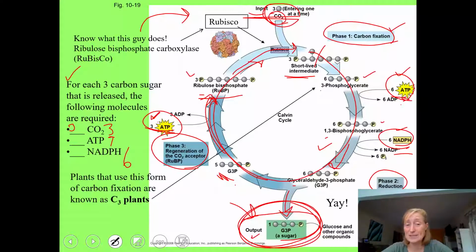Okay, this mechanism happens to be called the C3 mechanism of fixing carbon. There are different plant mechanisms. There's one called the C4 mechanism that works a little differently, and one called CAM that works differently yet. But this is the primary mechanism that most plants use to grab carbon dioxide and fix carbon dioxide and make sugars.